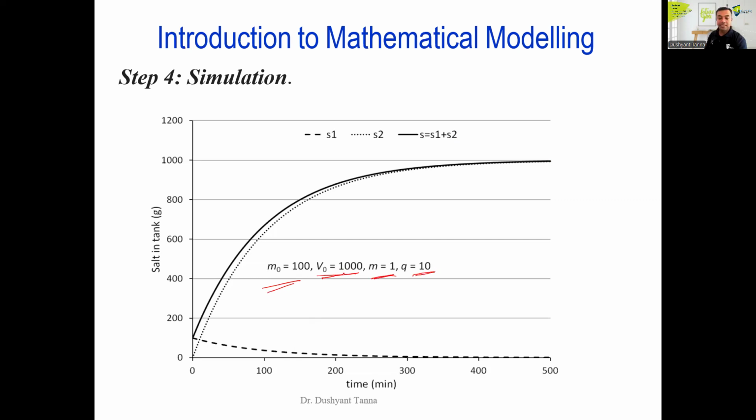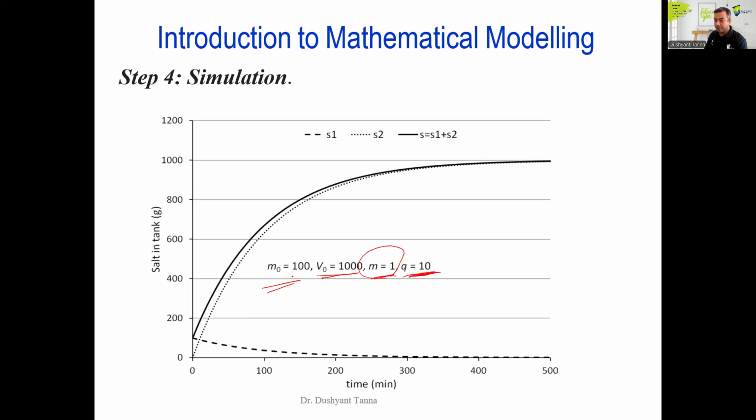So V0 is 1000. The new fluid that we are inserting is 1 gram per liter, and the rate of insert, which is Q, is 10 liters per minute.